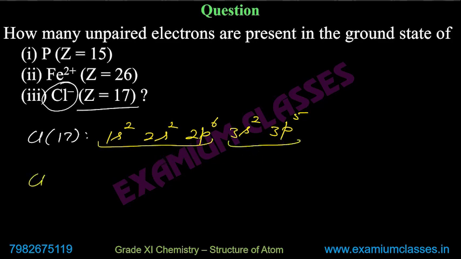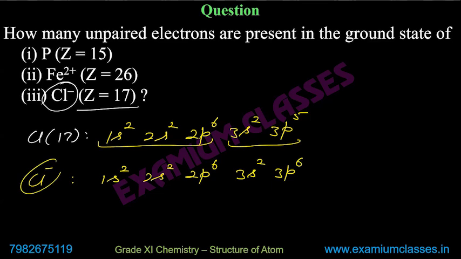But Cl minus will have 18 electrons. So now it will be as per the above principle. Filling up of electrons is as per the above principle. So it will be 1s2, 2s2, 2p6, 3s2, 3p6. Because Cl minus means there are 18 electrons. And Cl minus with 18 electrons means the configuration of argon. Argon has a fully filled cap.